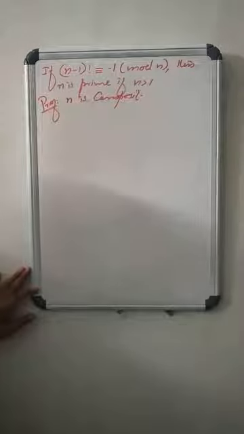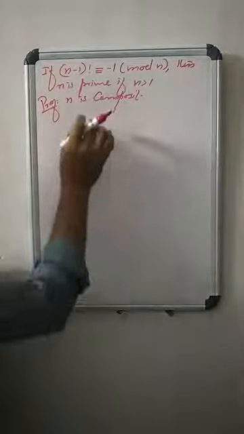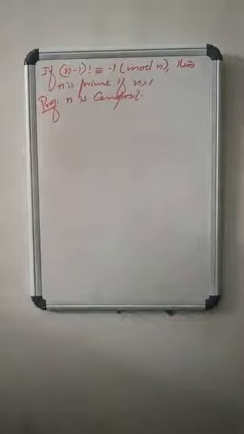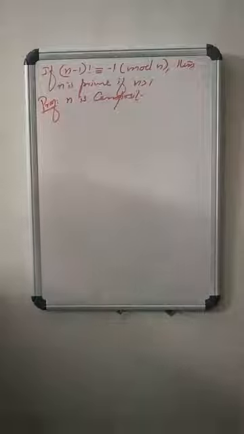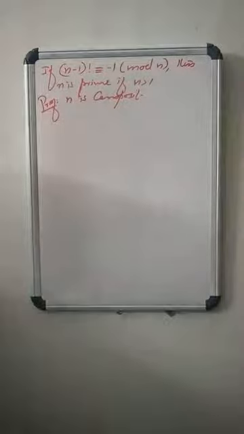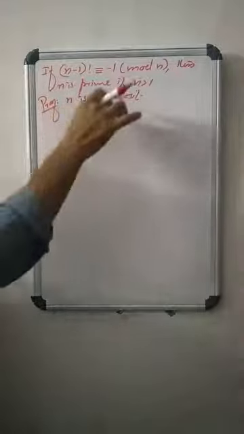When n is composite, we have to show that (n-1)! is incongruent to -1 mod n. Sorry, here there is a correction. The proof is not done by contradiction; it is contrapositive.